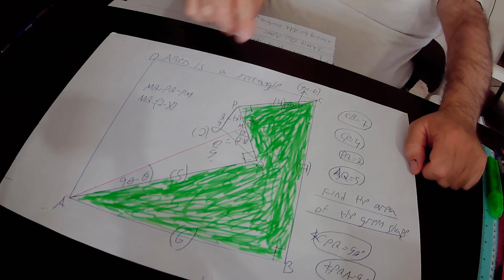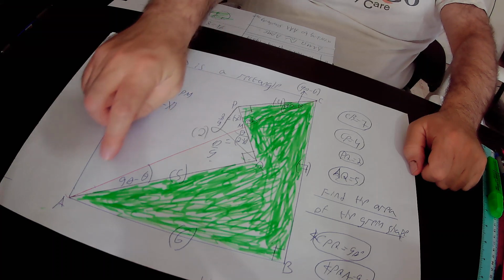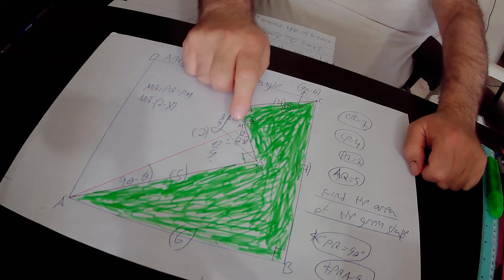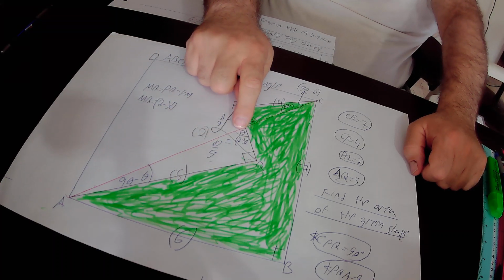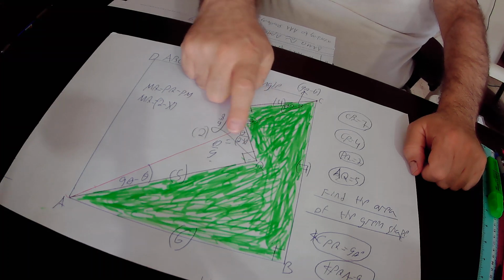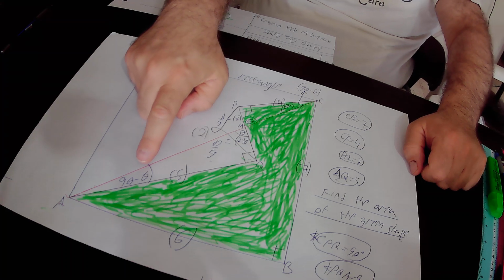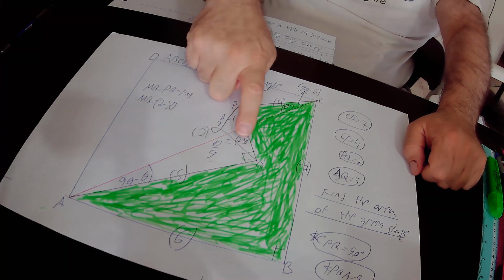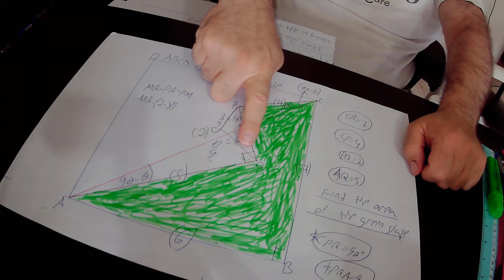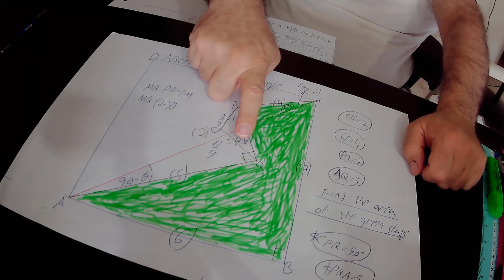Then we focus on the right triangle AQM. In this triangle, one angle equals theta and one angle equals 90 degrees, therefore the missing angle must equal 90 degrees minus theta. Why? Because 90 degrees minus theta plus theta is 90 degrees, and 90 degrees plus 90 degrees equals 180 degrees, the sum of the angles in any triangle.